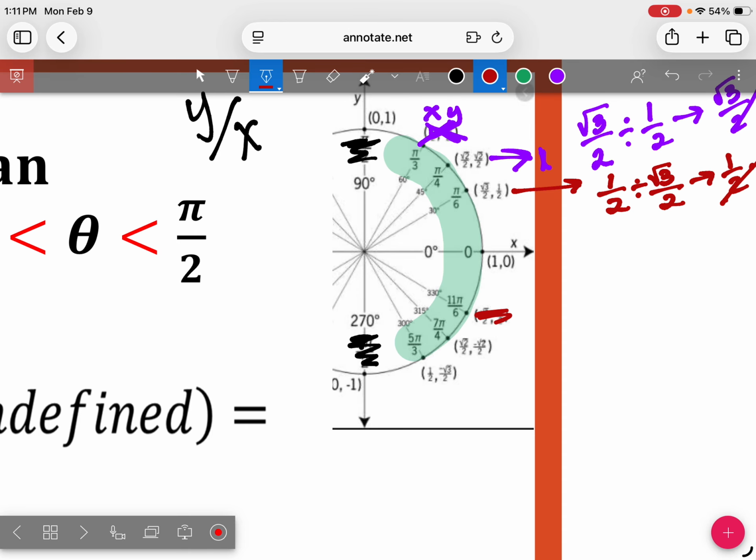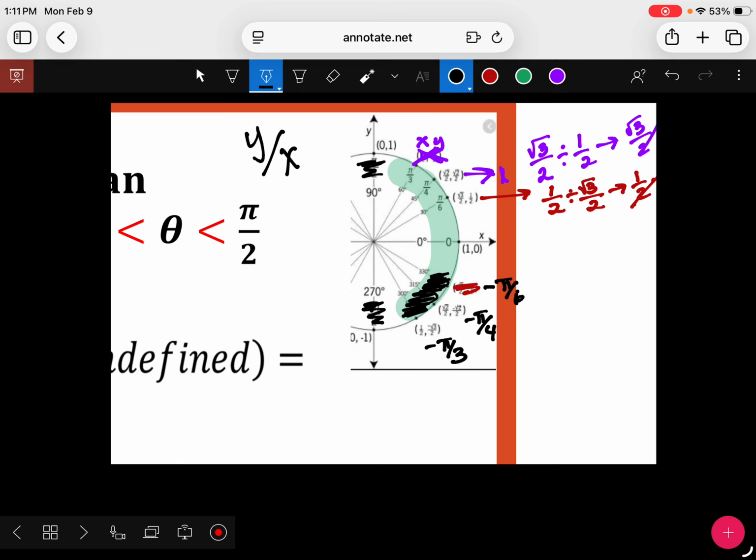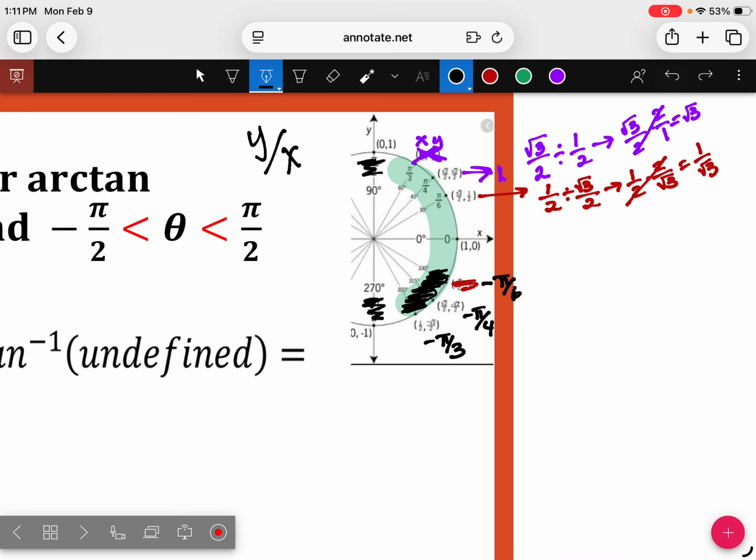So this is really negative pi over 6. This is negative pi over 4. And this is negative pi over 3. You cannot give me these answers. Just cross them out. So the answer would be negative pi over 4.